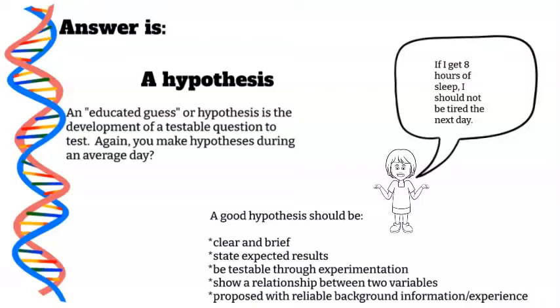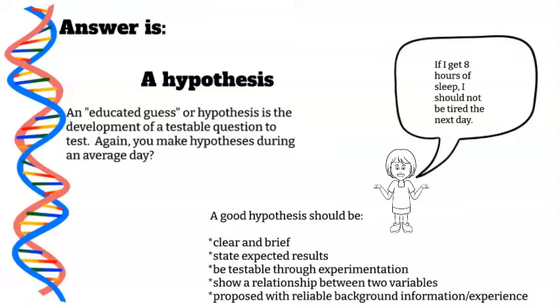A good hypothesis should be clear and brief, state expected results, be able to be tested through experimentation, show a relationship between two things or variables, and the proposal should be supported by reliable background information or experience.